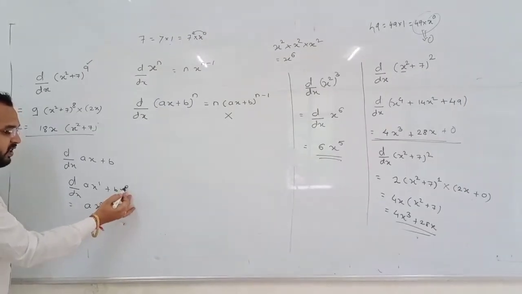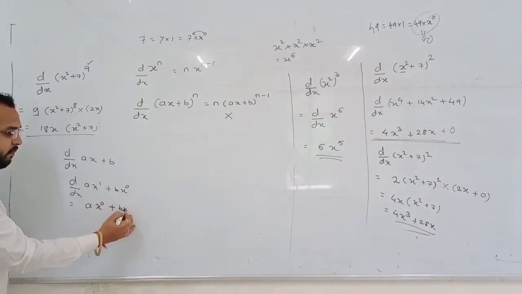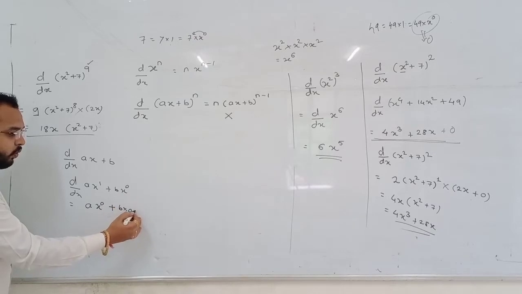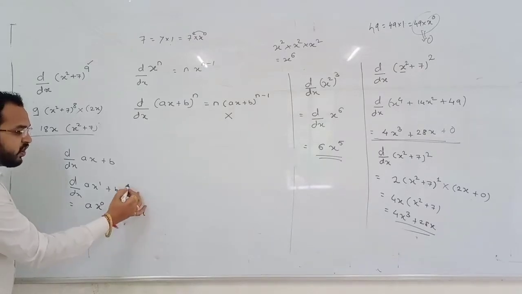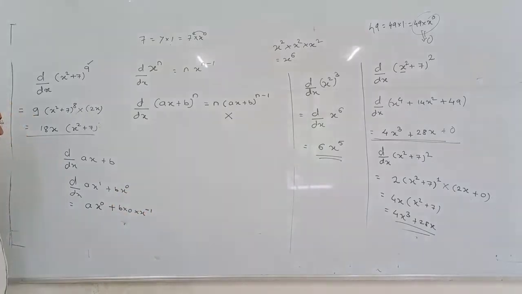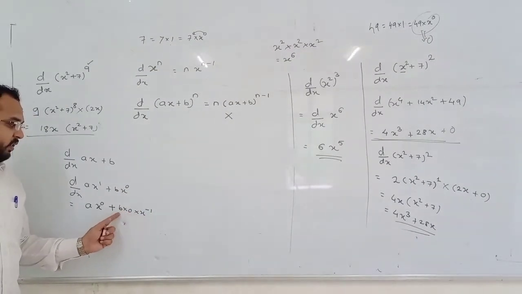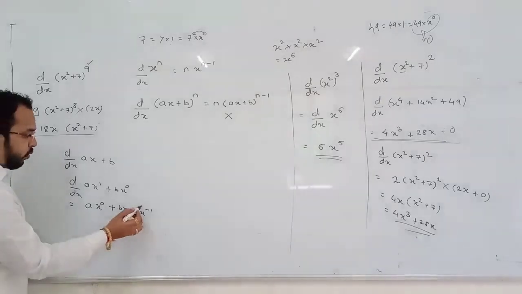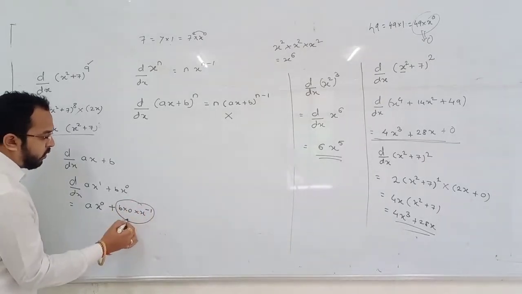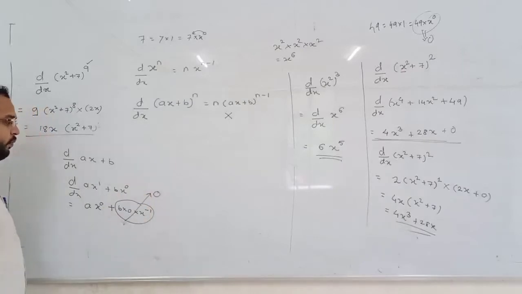Plus, when this 0 comes to the numerator, it will be b into 0 into x to the power 0 minus 1. But as this 0 comes to the numerator, this whole thing becomes 0.